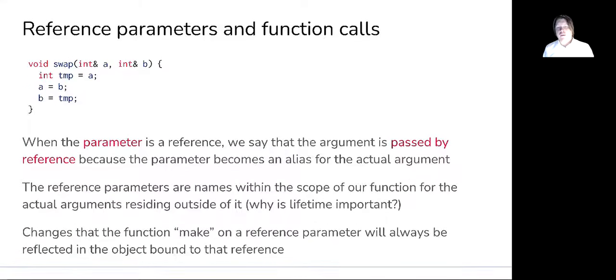So when a parameter is a reference, we say that the argument is passed by reference because the parameter becomes an alias for the actual argument. The reference parameters are names within the scope of our function for the actual arguments that are residing outside of it. I have a comment here that goes, why is lifetime important? You will know the answer to that question as soon as we cover functions and the stack, which we will do immediately prior to dynamic memory.